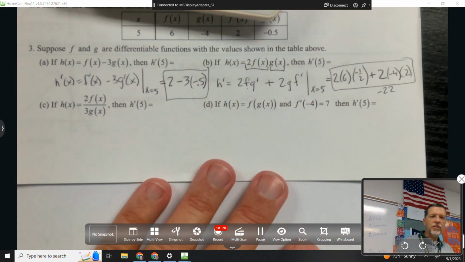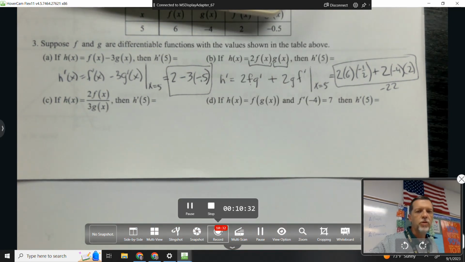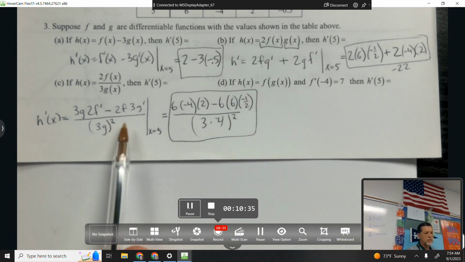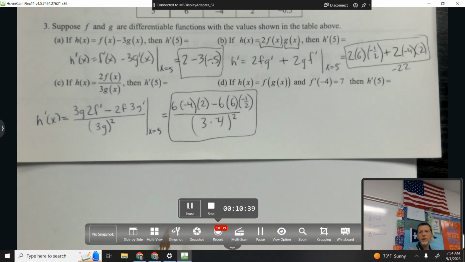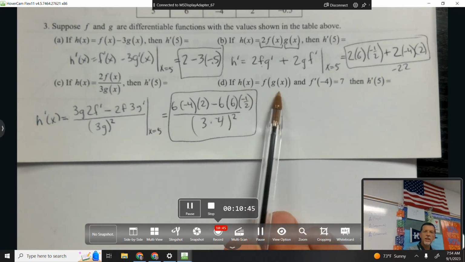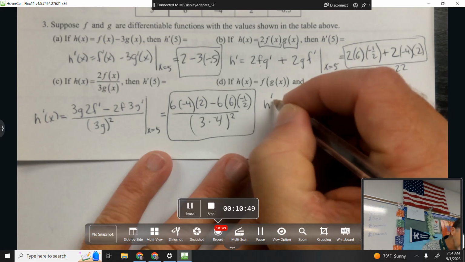What are you going to need for C? Quotient rule. So why don't you try C? So, quotient rule, plug in the values, and then be done. Unless it's multiple choice, then you'd have to clean it up. What's going on in letter D? Chain rule. Okay, so chain rule is outside in.